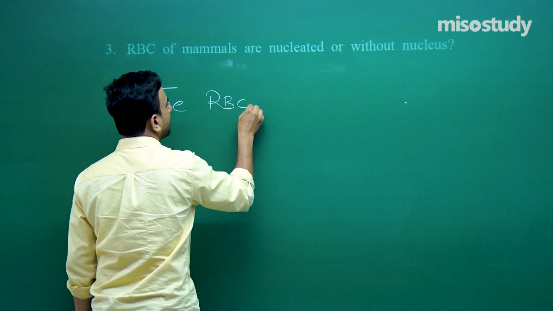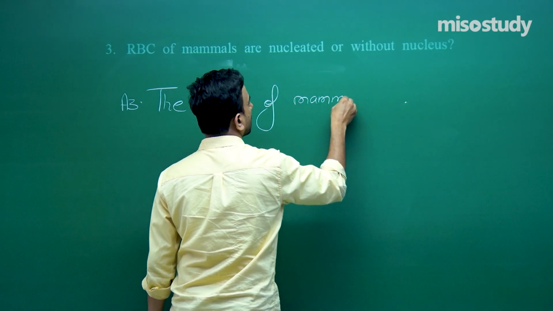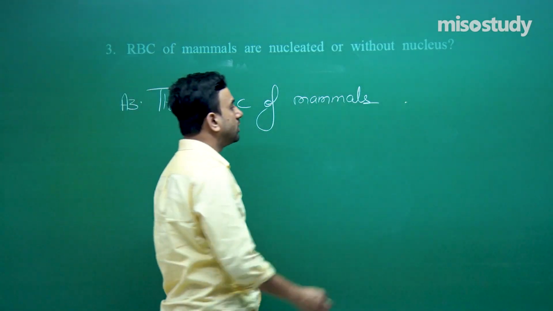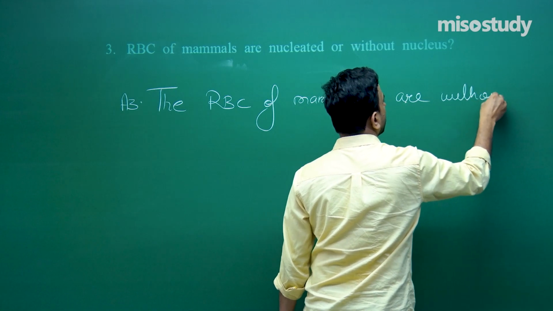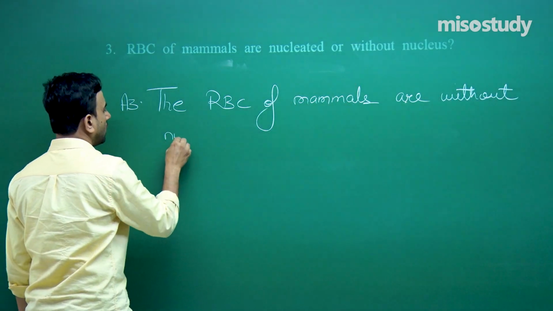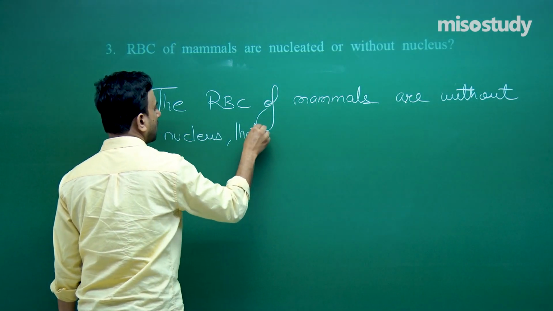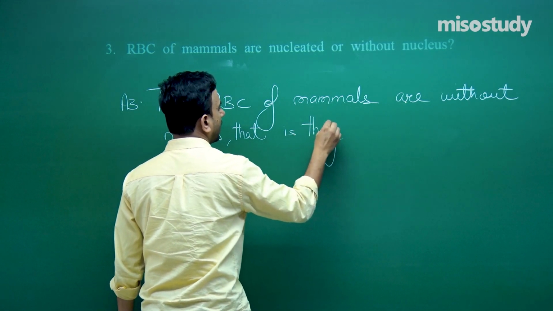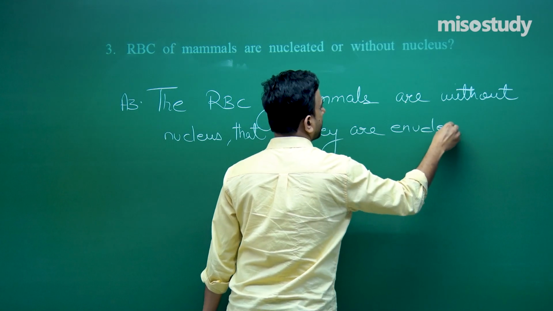The RBC of mammals are without the nucleus, that is they are enucleated.